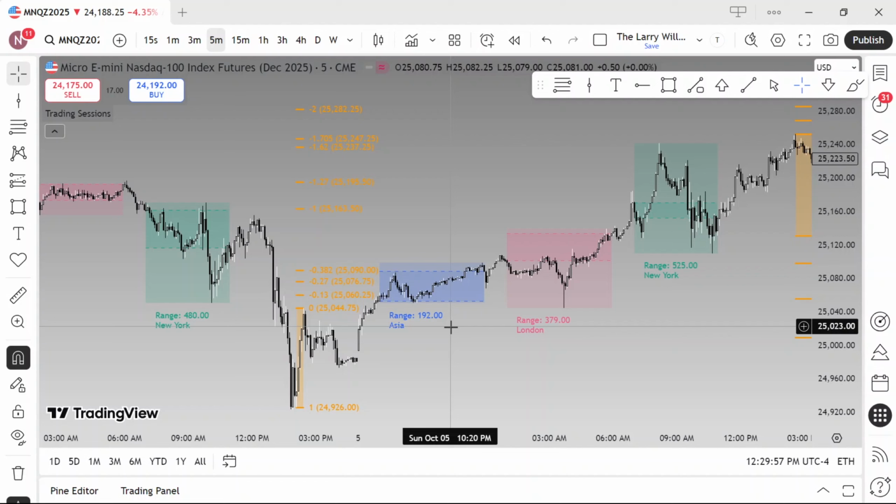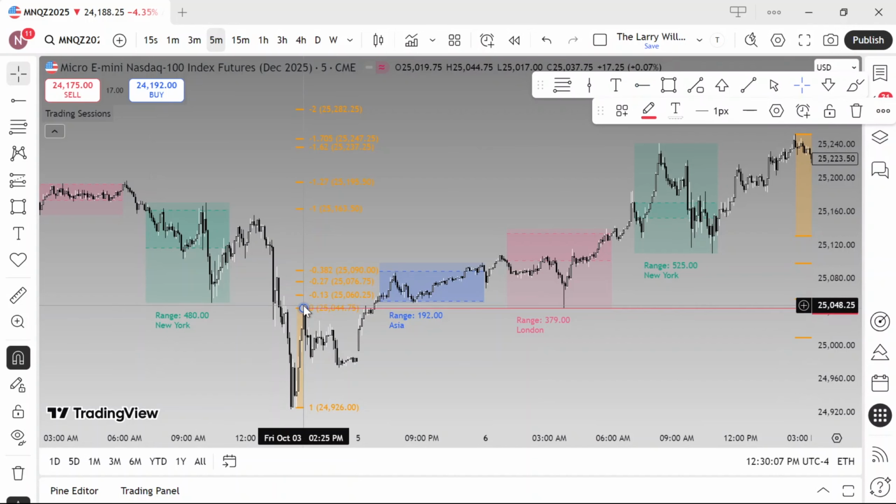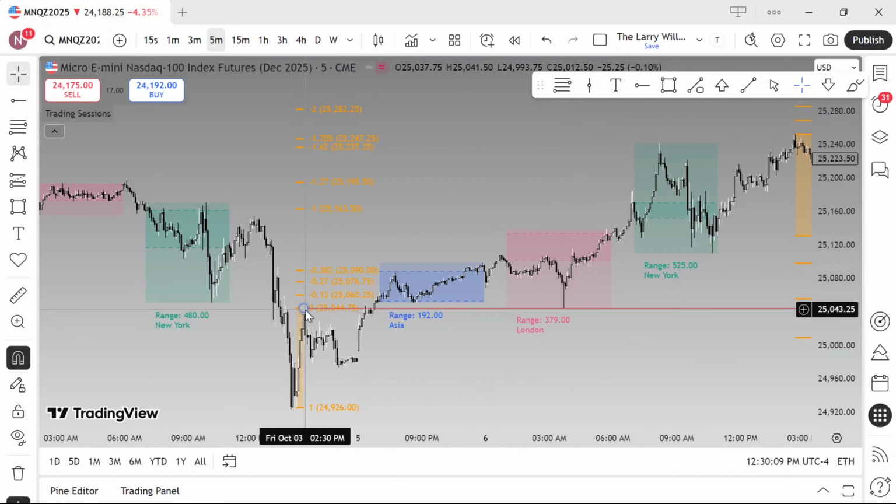So moving forward, we can see right here, if I start to outline some of these levels, you can see how the high of the CBDR was used in London to make the low of the day, relative to 12 a.m., of course. Because if you think about 6 a.m., yeah, we did open lower at 6 a.m., then run up.